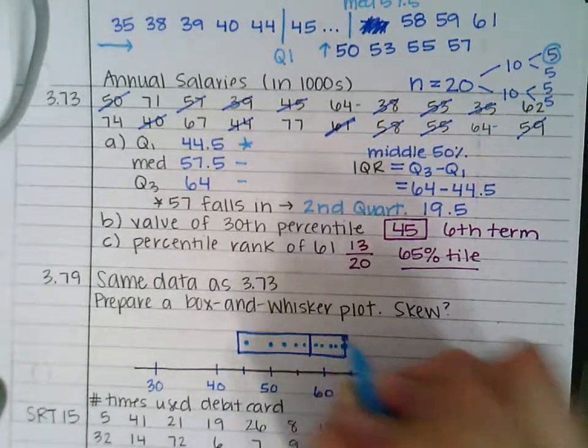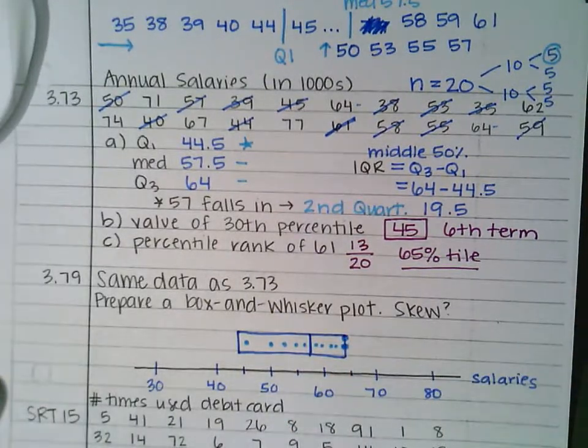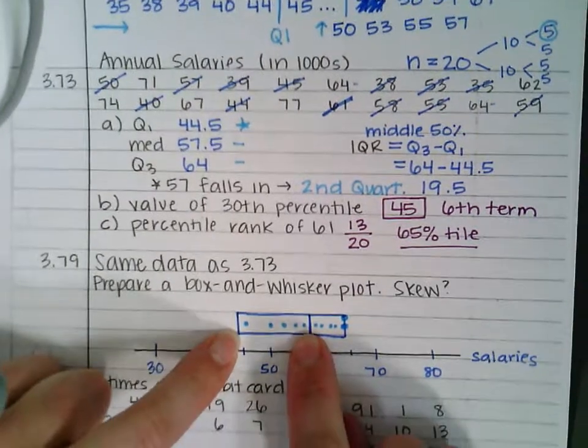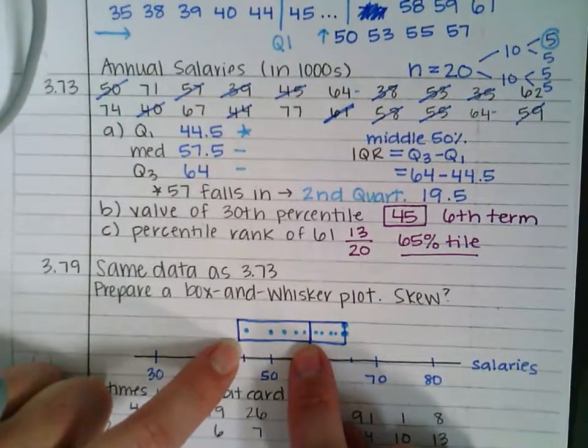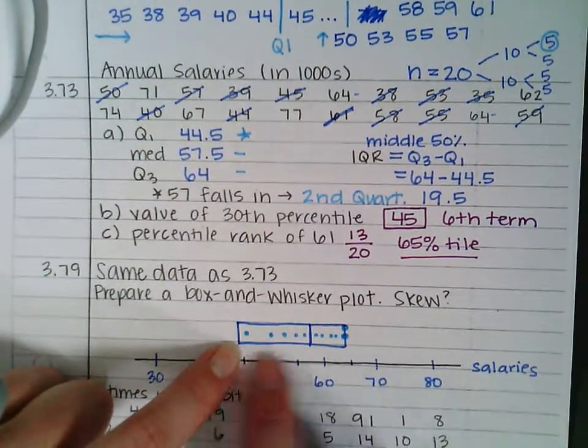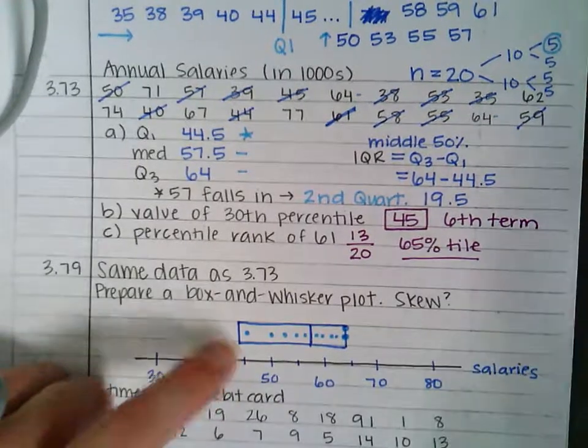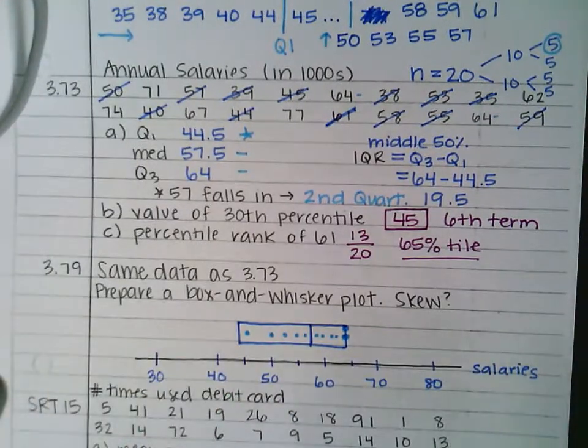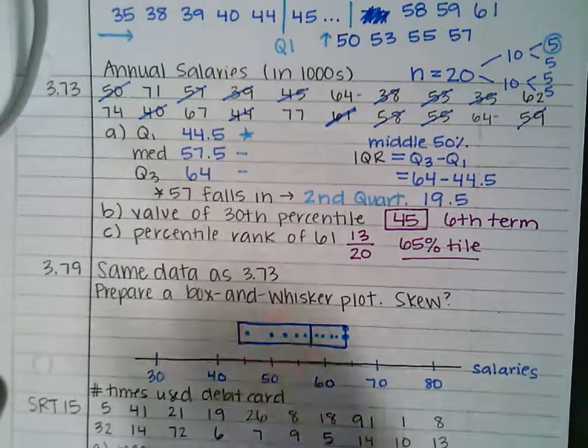And then there's another 64 here. These data points here are more spread out than these ones here. You can visually see that because of the box plot. That's why it's important to show scale and have a consistent scale factor on your number line, so you can visually see what's going on, okay?